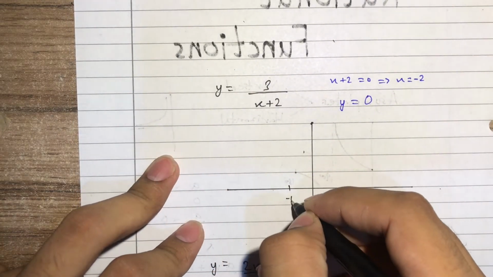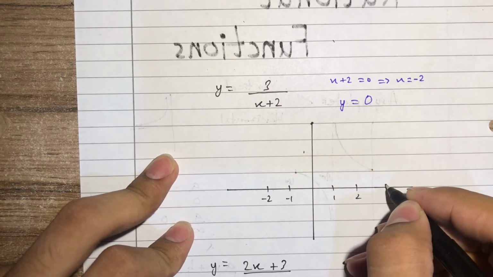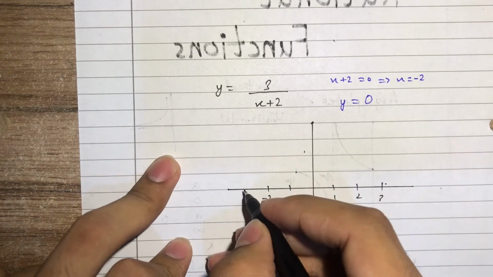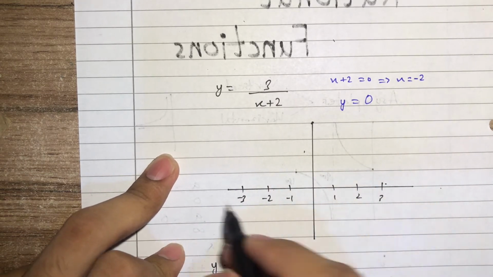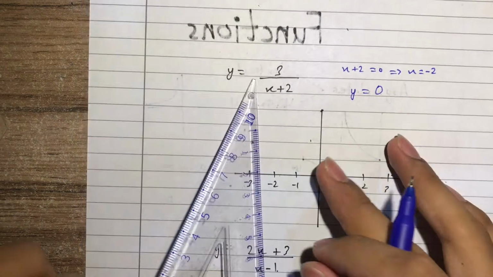So I'm doing this roughly. The horizontal asymptote is the x-axis, right, because it's y equals 0. The vertical asymptote is x equals negative 2, so it's over here.